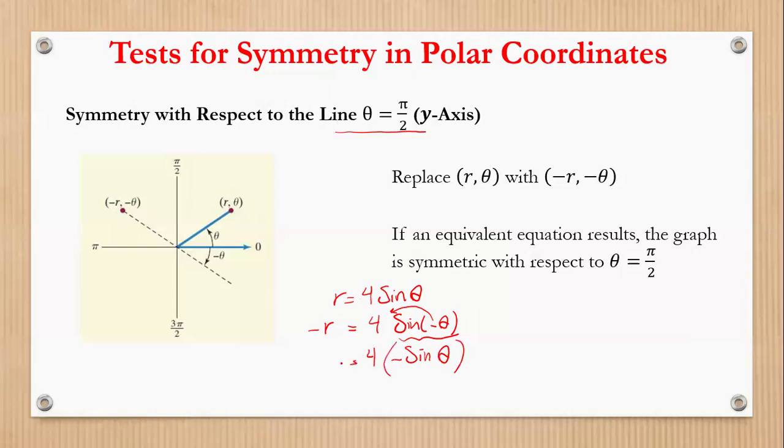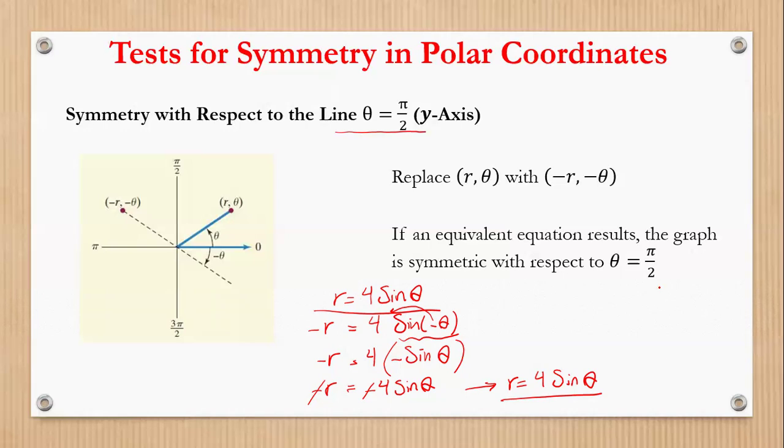And if I multiply this by 4, it gives me negative 4 sine theta. On the other side, I also had negative r. Now I have a negative on both sides. I can cancel the negative by a negative, and I get r equals 4 sine theta. So you see my first equation was 4 sine theta, and this one also is 4 sine theta. Nothing changed. That means this equation is symmetric about the y-axis.